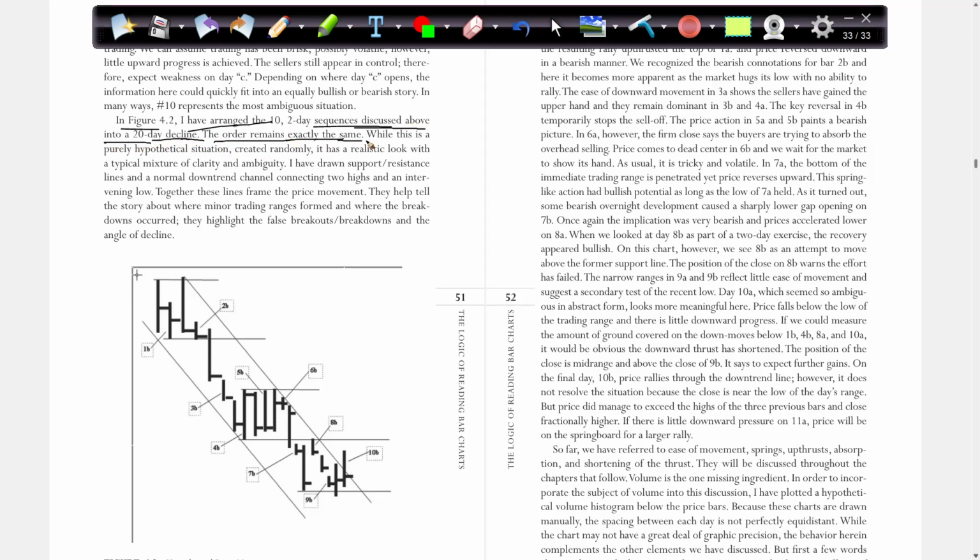The order remains exactly the same. While this is a purely hypothetical situation created randomly, it has a realistic look with a typical mixture of clarity and ambiguity. I have drawn support and resistance lines and a normal downtrend channel connecting two highs and an intervening low.